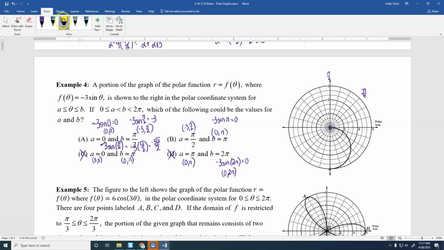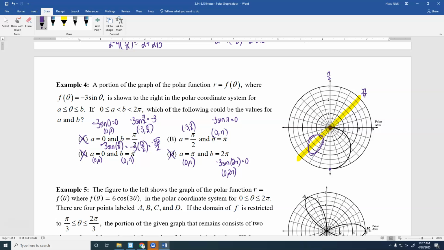Now, I don't know what value that is, but I do know that it's negative, right? So it's probably somewhere pretty close to negative 2 right there. So if I have a negative radius with pi over 4, then that means my point should be somewhere over here. Is it? It is not. So it can't be A.